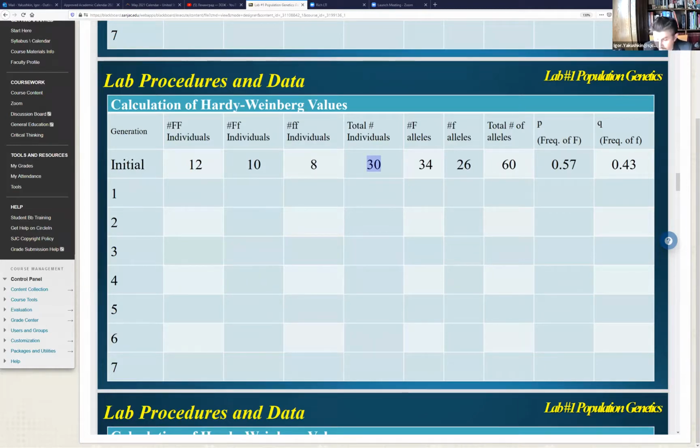In this case, we calculated that the number of lowercase f's is 26, divided by still 60, because we still have the same population. Then Q will be equal to 0.43. I'm rounding it up.